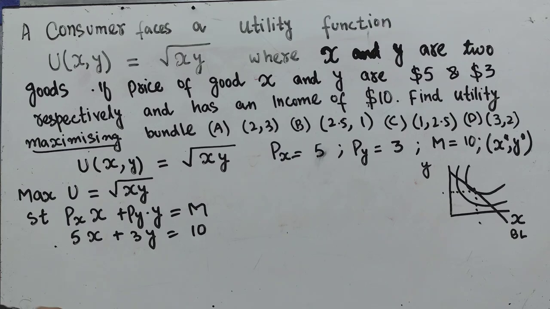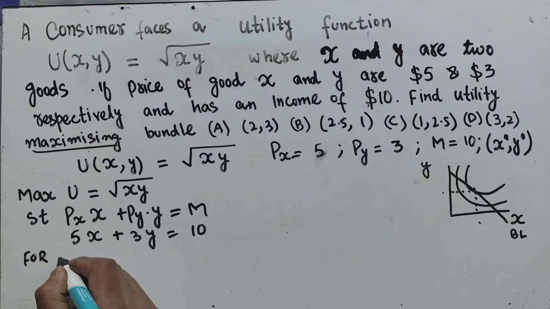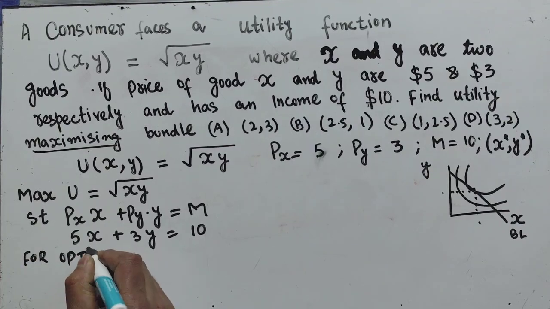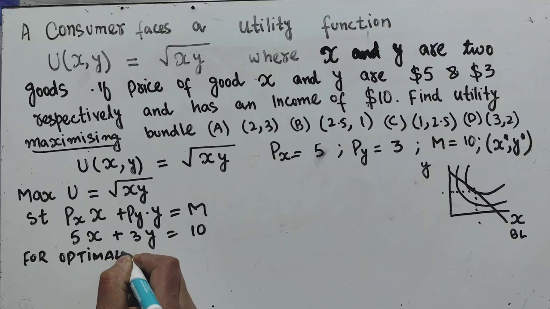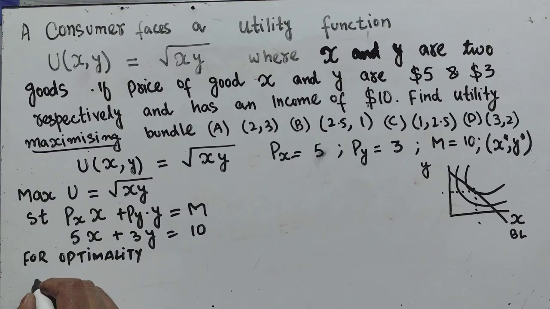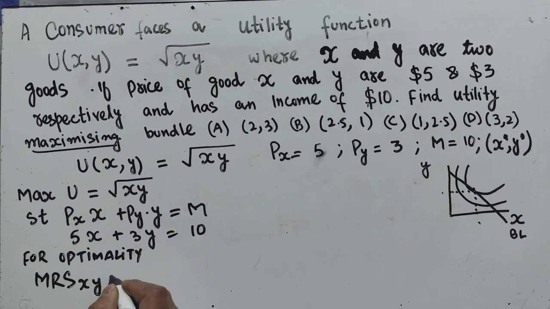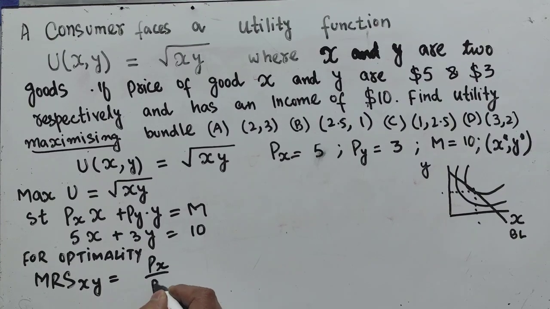So for optimality, what is the condition? The condition is that the marginal rate of substitution between good x and y should be equal to the ratio of the prices, that is price of x upon price of y.